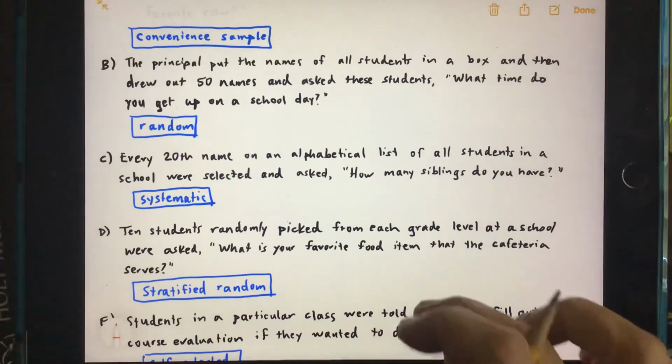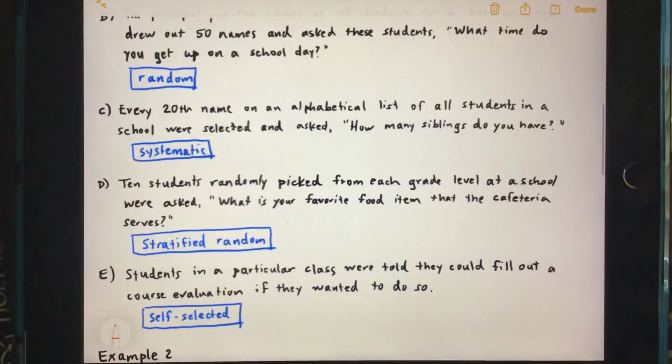All right, letter D. 10 students were randomly picked from each grade level at a school and were asked, what is your favorite food item that the cafeteria serves? So you're imagining that the cafeteria workers are trying to figure out what items they should be preparing each day to maximize their sales. That would be a stratified random sampling method because first all of the students were grouped by grade level, and then students from each of those groups were selected and asked the question.